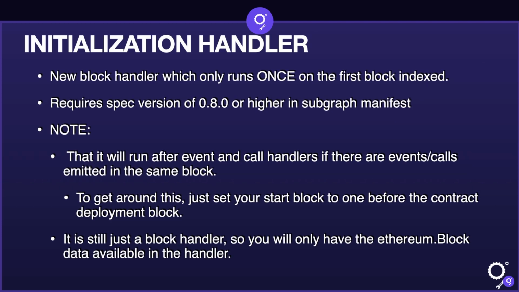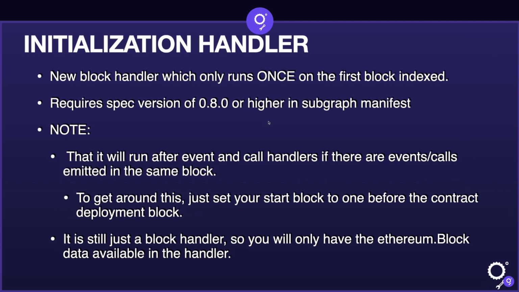The way that this new block handler runs is that it runs only once at the first block indexed. So if you have a data source and you add a block handler and you specify once as the kind, it will run this handler only once at that point. It does require a spec version of 8 or higher.